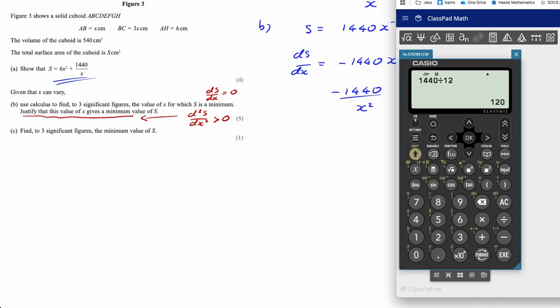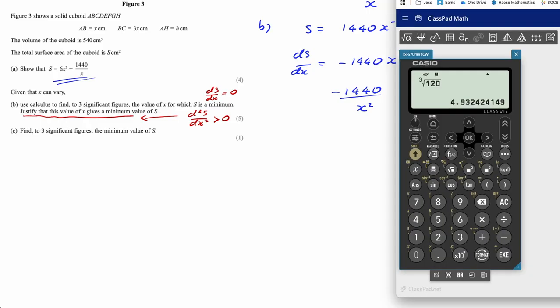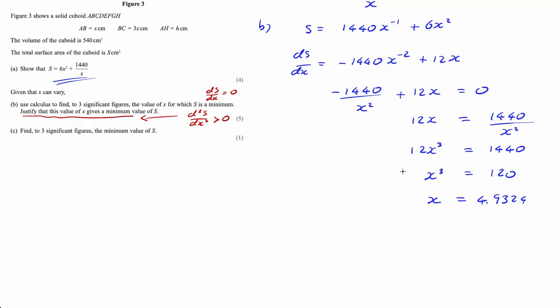The cube root of 120 is 4.9324. Now I'm not writing the whole thing down, guys, but more than 3 significant figures. Although I'll use 3 significant figures here because I may use that number after, and then I don't want it to be rounded. So I'll write that and then the rounded version.